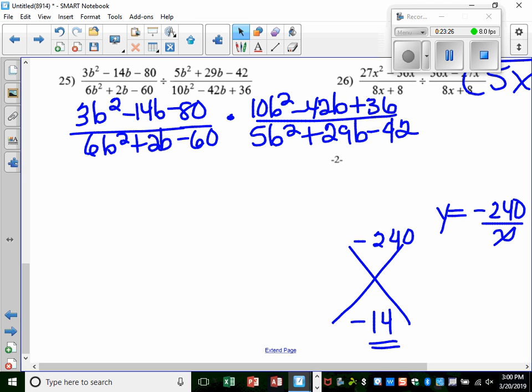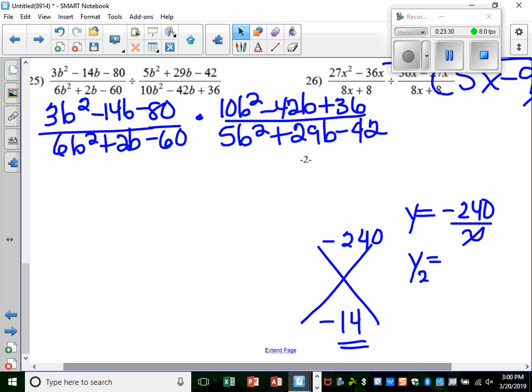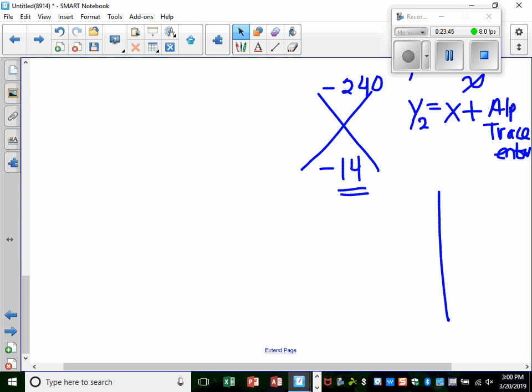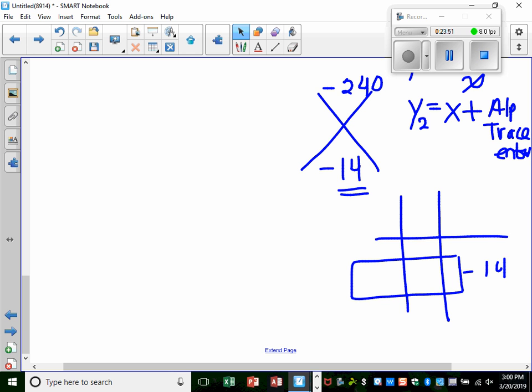And then you remember in the second row, you hit x plus alpha, trace, enter. You got to practice that, all right? And then in that third column, you're looking for negative 14. And whatever those 2 factors are is what we're going to be using.